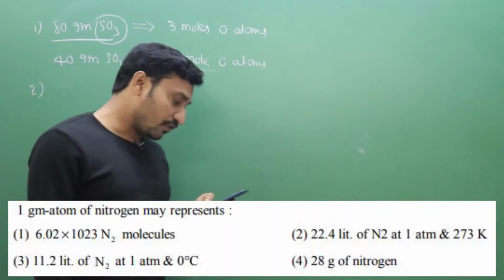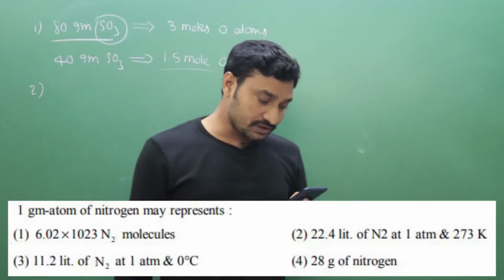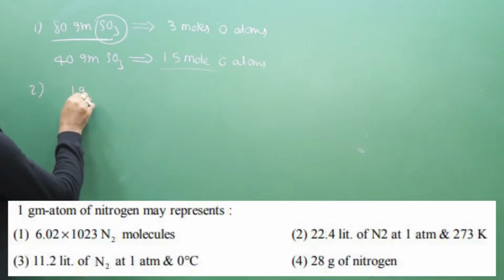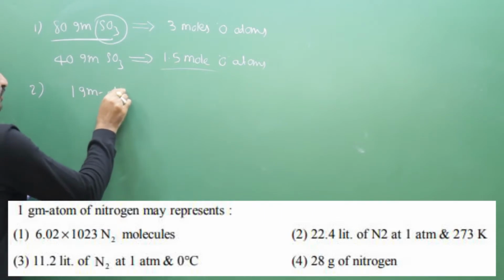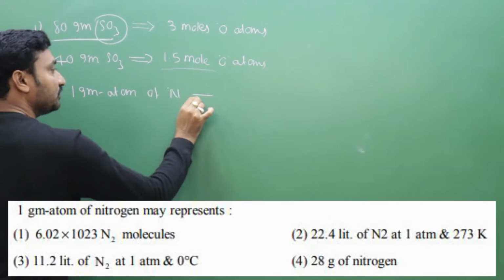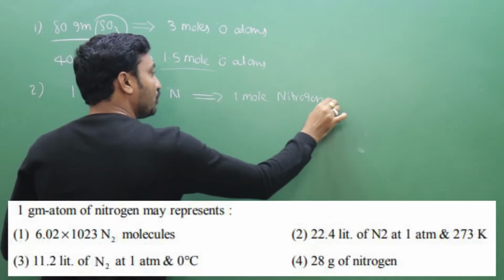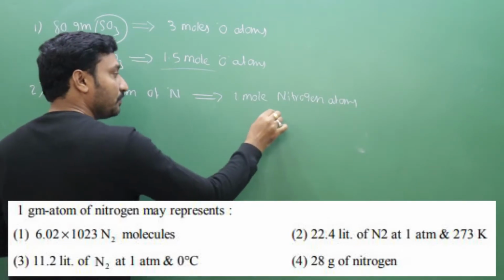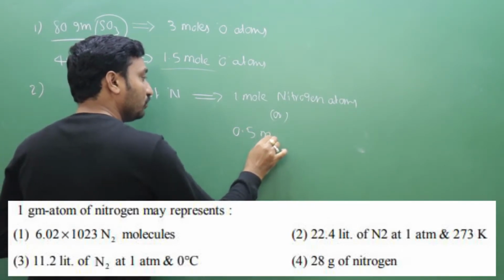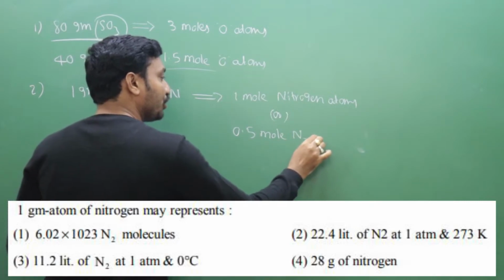Question number 2. 1 gram atom of nitrogen may represent? You know what 1 gram atom of nitrogen is? Nothing but 1 mole of nitrogen atoms or 0.5 mole of N2 molecules.